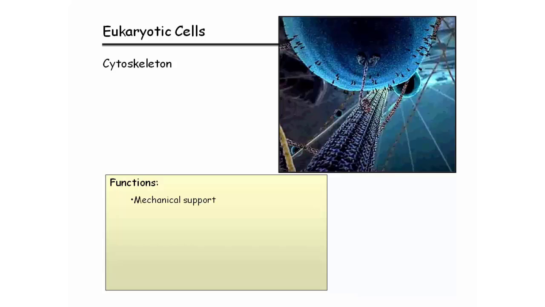So numerous functions are here, one of which is going to be mechanical support. Mechanical support goes along with the maintenance of cell shape. Because these are extra fibers that are extending throughout the cytoplasm, it does provide some structural support to the cell. It helps to maintain the cell shape, which may be spherical in nature. It may be more box-like or more of an unusual shape. But the cytoskeleton will be involved in that.